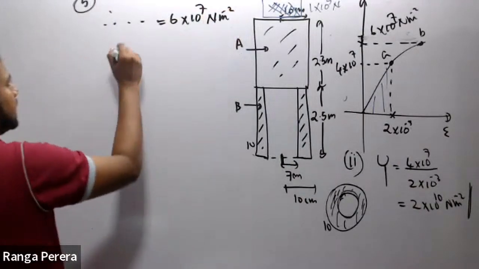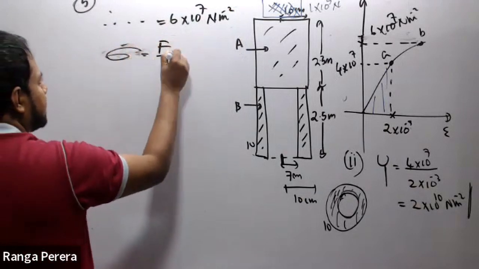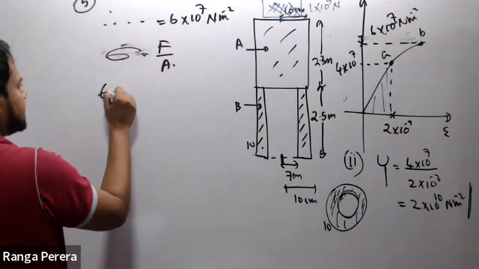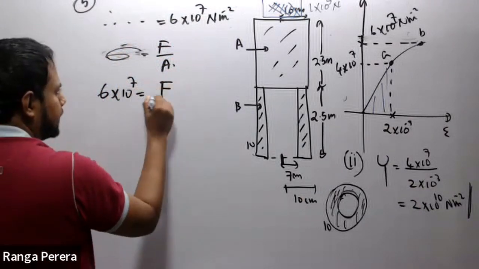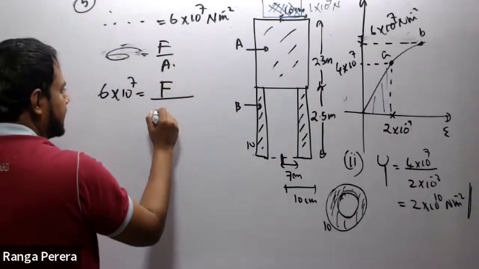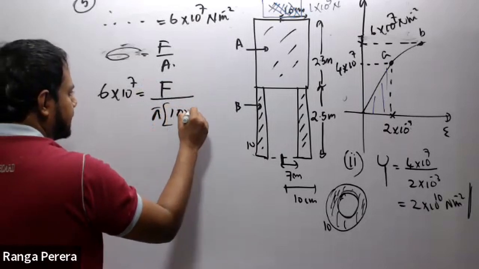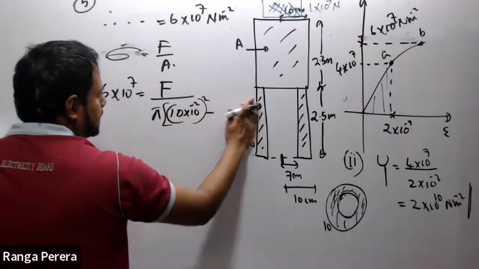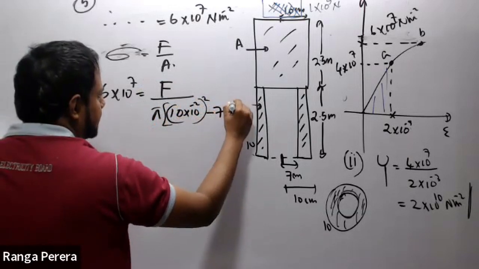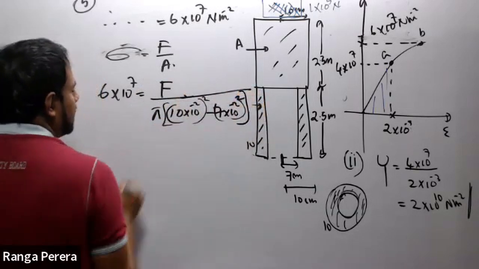Please write that. Sigma equals F divided by A. 6 × 10 to the power 7 equals force. I should find the force, the required force, divided by the area: 5 × 10 to the power minus 2 squared minus 7 × 10 to the power minus 2 squared. Sorry, the square of that.